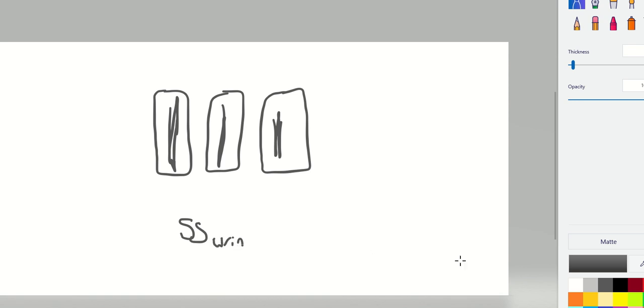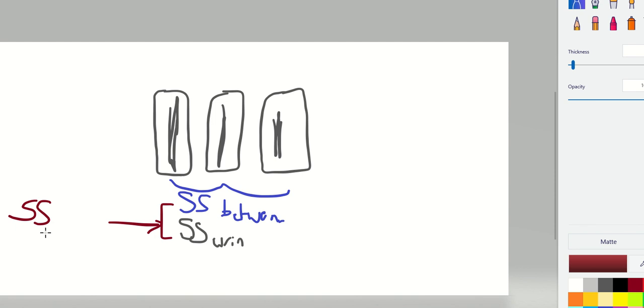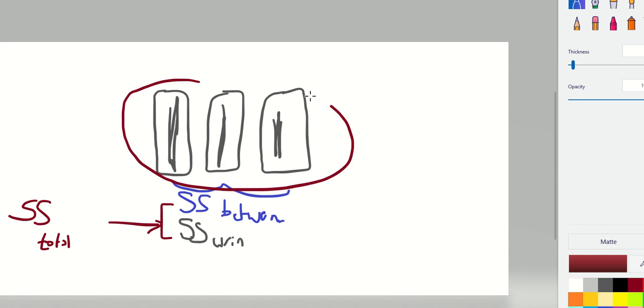Then we talked about calculating how much variability there is between the groups, and that was the sum of square between the groups. And we figured out that if you add these two together, they give you the sum of square total. Sum of square total is when you ignore the grouping, you just put everybody together, and you calculate the sum of square.